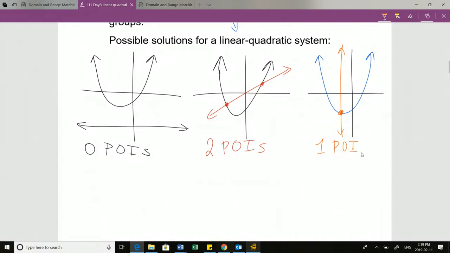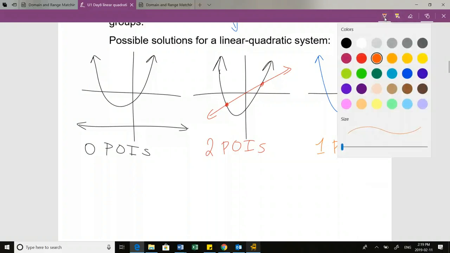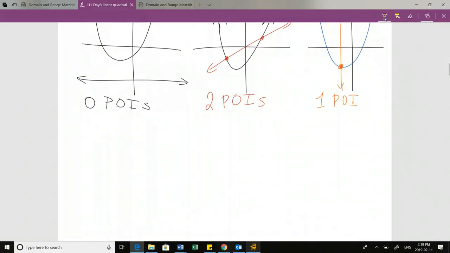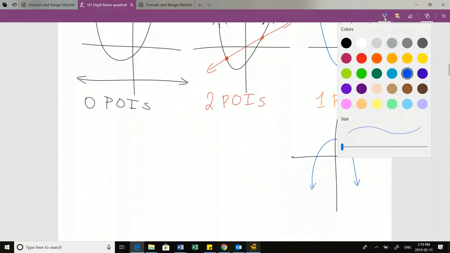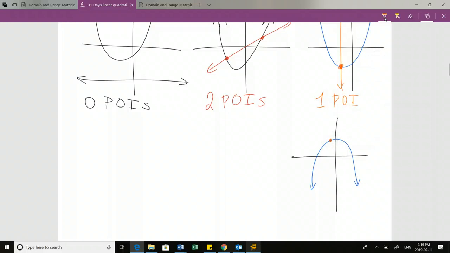There's also a second scenario to something like this where we have 1 point of intersection, and it is what we call a tangent line. So it's kind of similar. It still is going to have 1 point of intersection, but what we might have is a quadratic and then a line that skims our function just at 1 point.